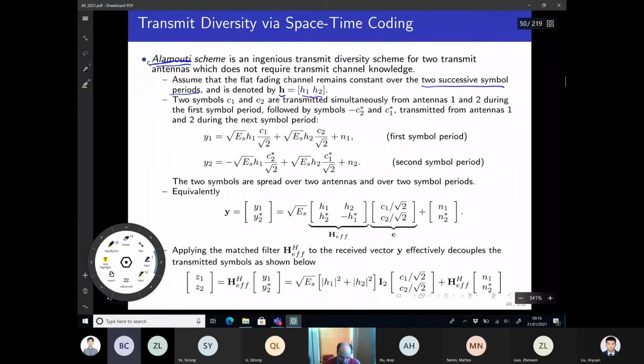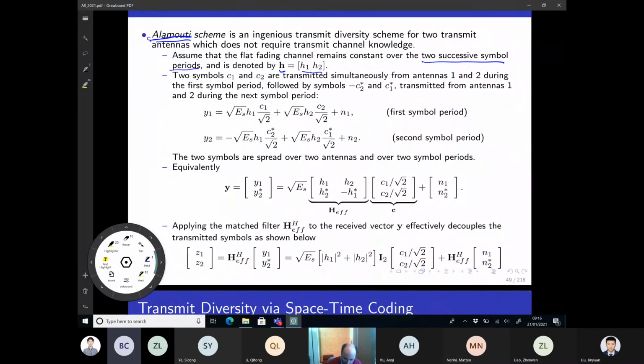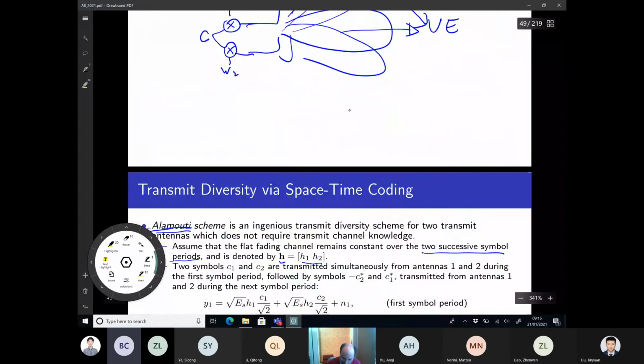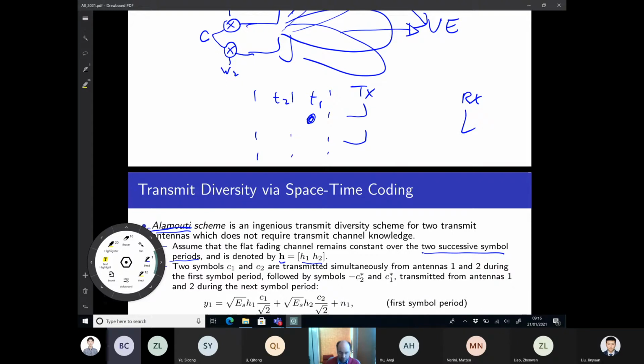If I draw this a little bit, you have two transmit antennas, one receive antenna, and you're going to have a time t1 and a time t2. You transmit some symbol at time 1 on the first antenna, and the same symbol, slightly changed, will be transmitted at time 2 on the other antenna.